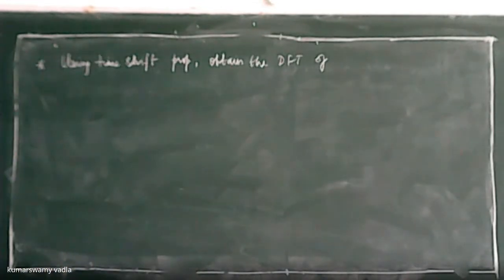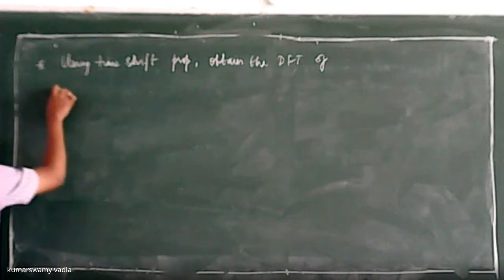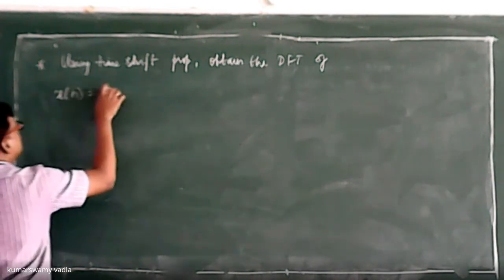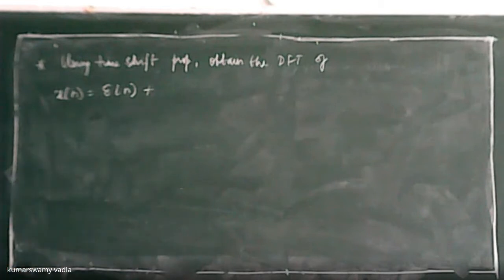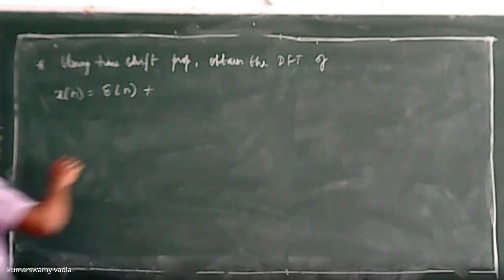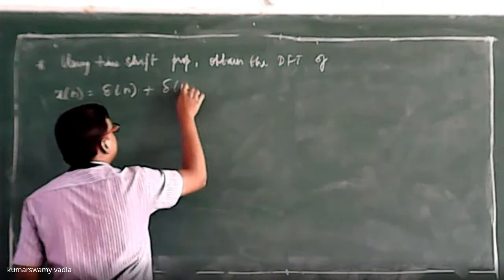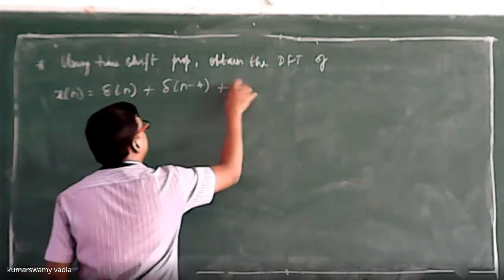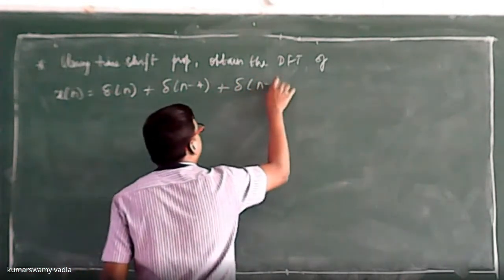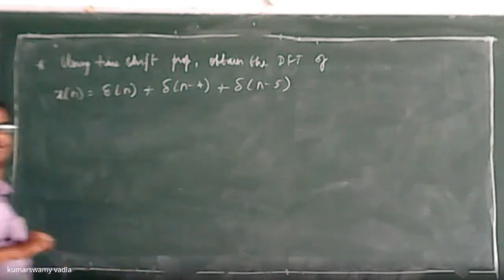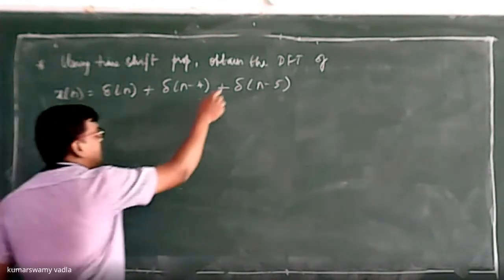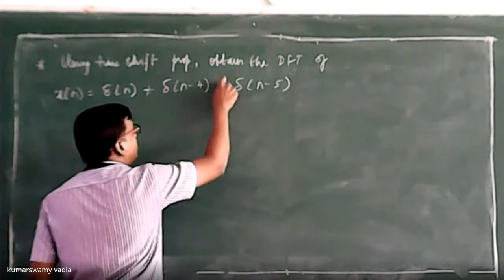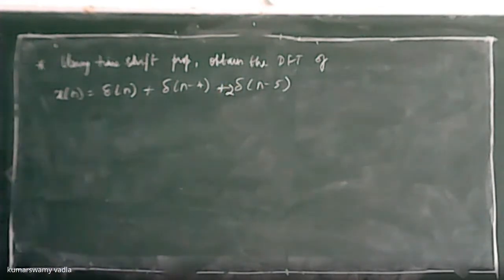He has given the sequence: x of n is equal to delta n plus delta of n minus 4 plus 2 delta of n minus 5.